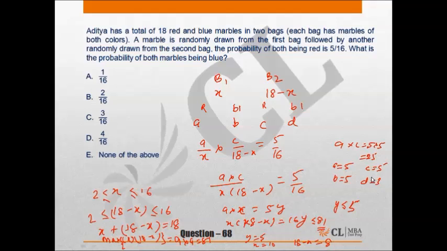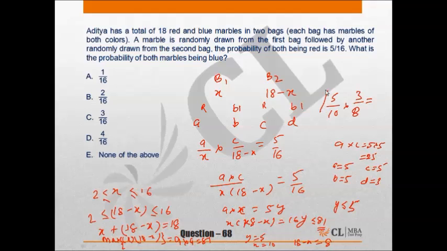As we have to find both the marbles being blue, in case of blue, first bag has 5 blue marbles and 10 total marbles, and second bag has 3 blue marbles and 8 total marbles.